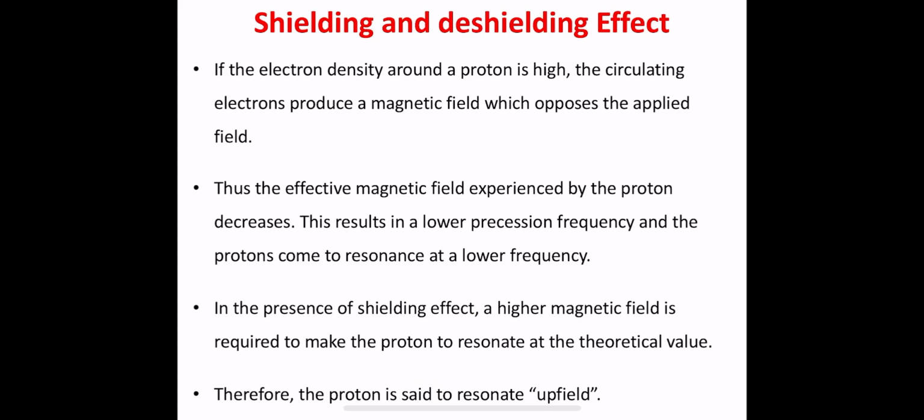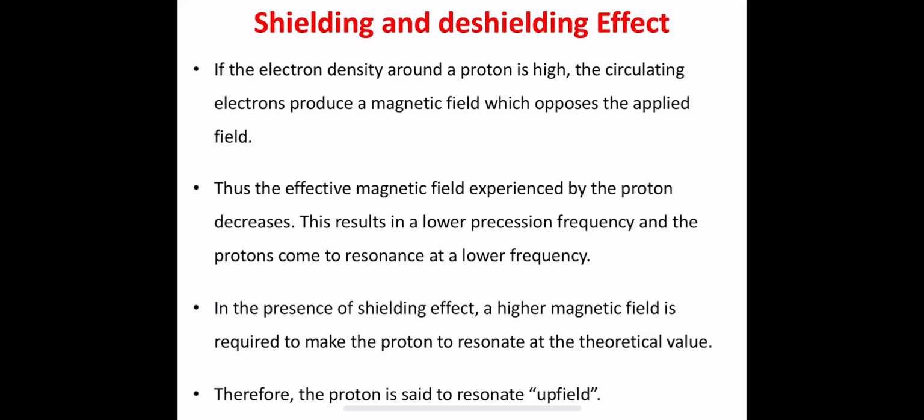This will result in a lower precession frequency, and the proton comes to resonance at a lower frequency. In the presence of the shielding effect, a higher magnetic field is required to make the proton resonate at the theoretical value. Thus the effective magnetic field experienced by the proton decreases when there is high electron density around it, resulting in a lower precession frequency.